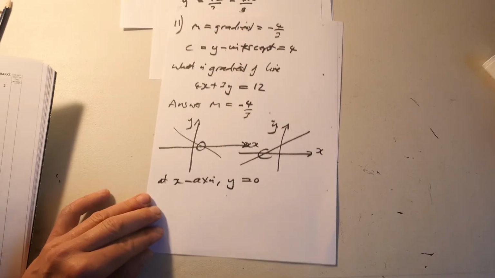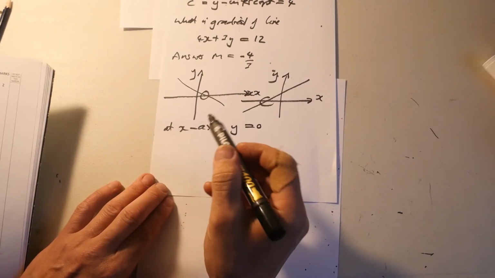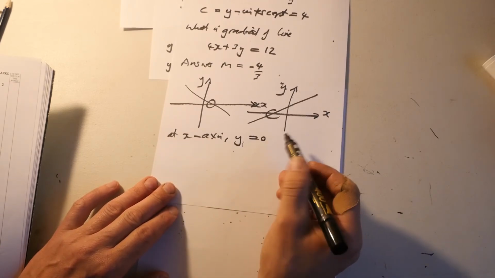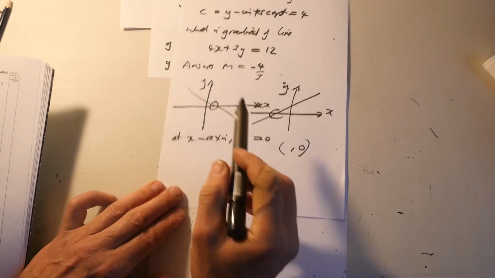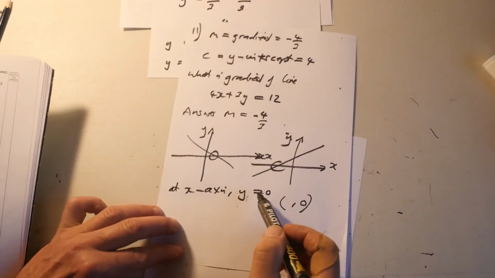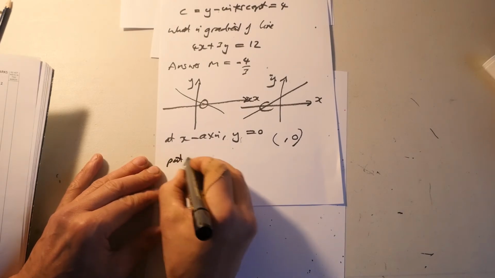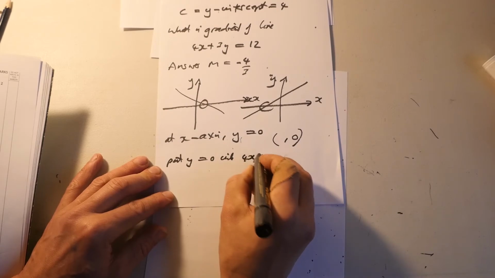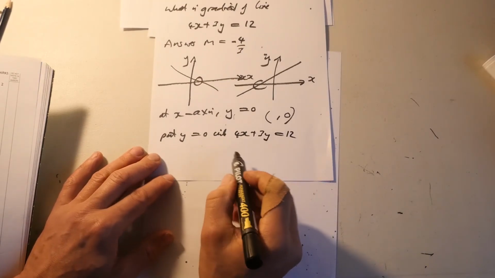So if you want to find the coordinates where the line crosses the x-axis, one of the coordinates is obviously y equals 0. If you put y equals 0 into the equation, you'll then get the x value.